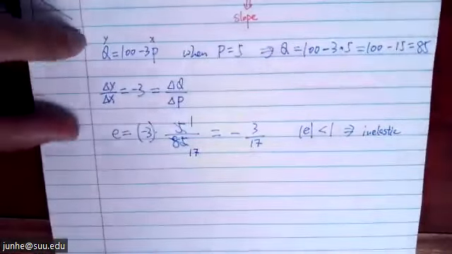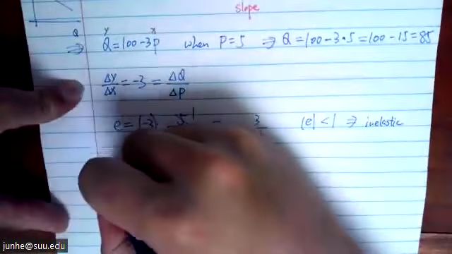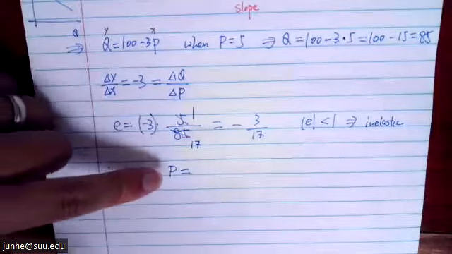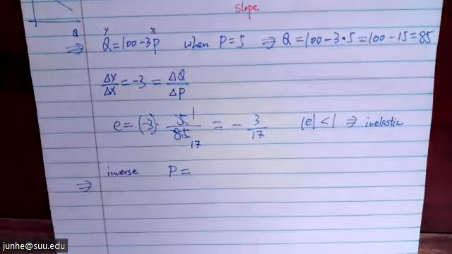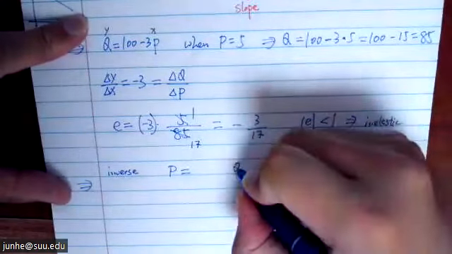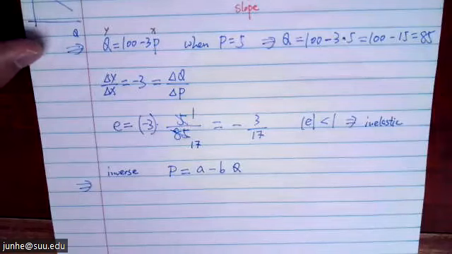Okay, so here I'm just giving you one version. Sometimes you may see an inverse version in which price is expressed as a function of quantity, A minus BQ.